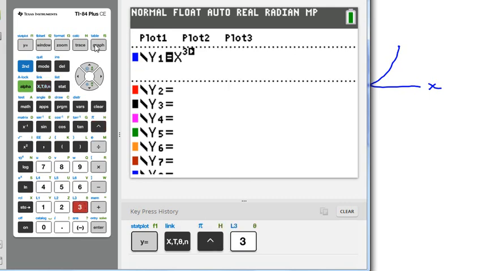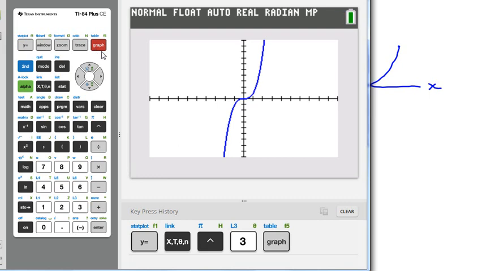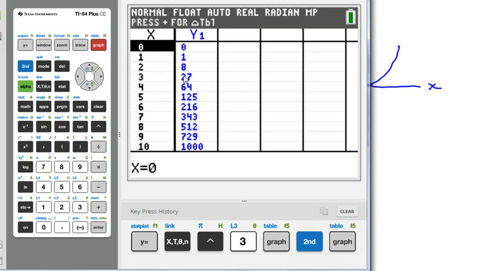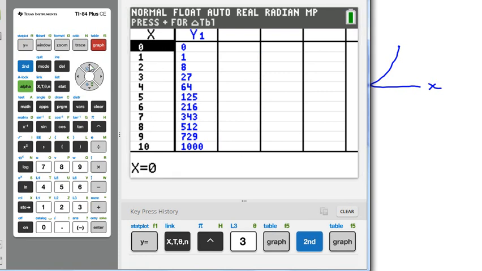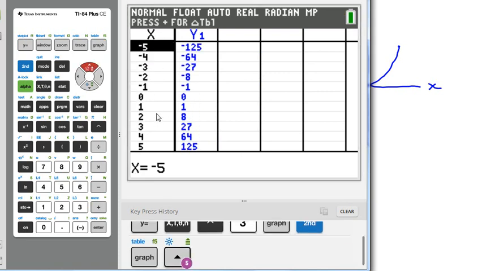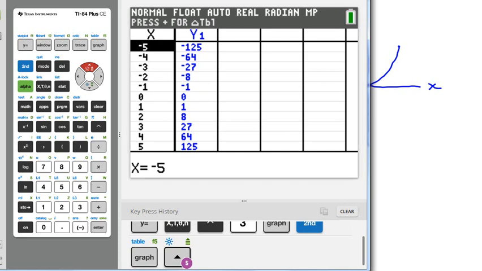So we see the graph like this, and then in the table view is where we can really see it. Here we have f of 2 is 8, and f of negative 2 is negative f of 2.